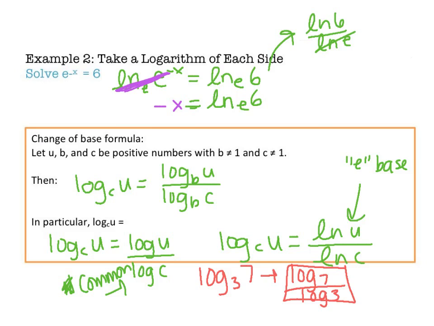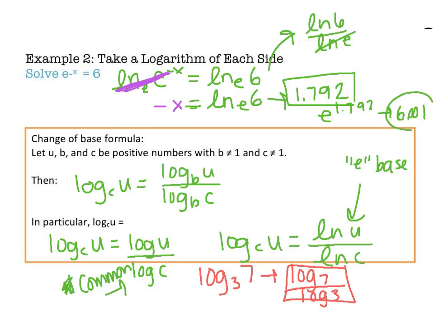If I do that, I get that negative x, which is my exponent, is 1.792. And now if I check that by putting it into my calculator, e to the 1.792 power is 6.001. And I did a little bit of rounding there, so that 6.001 is absolutely fine.